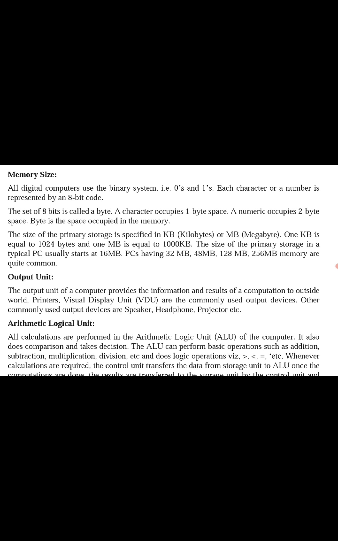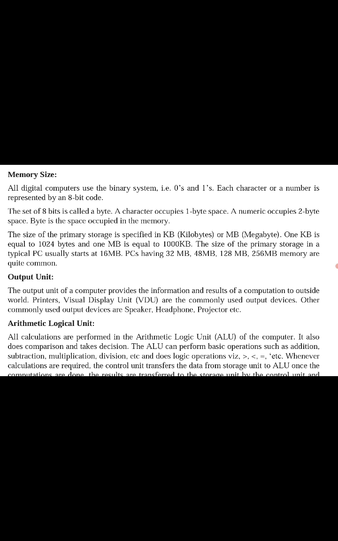What is a byte? A byte is a collection of 8 bits, so 1 byte is equal to 8 bits, where a bit is either 0 or 1. All characters occupy 1 byte of information, and all numeric values occupy 2 bytes of information.